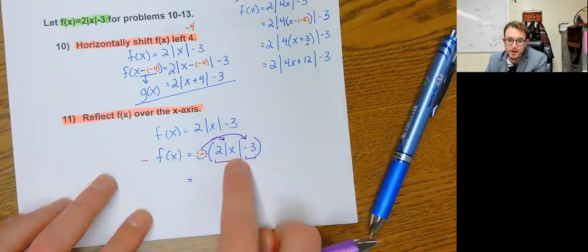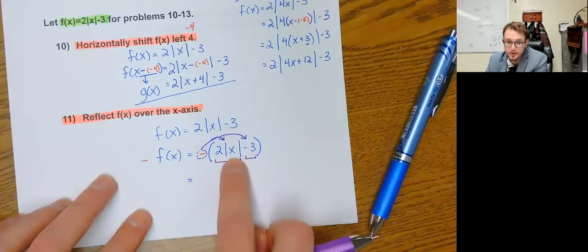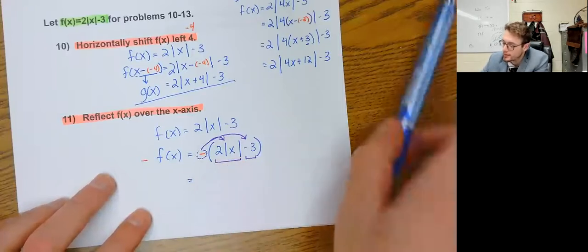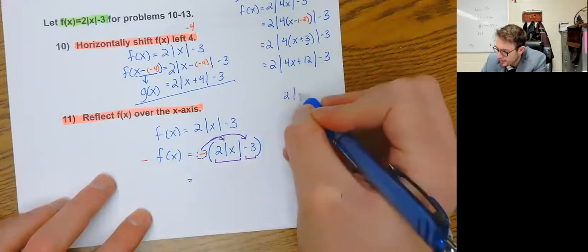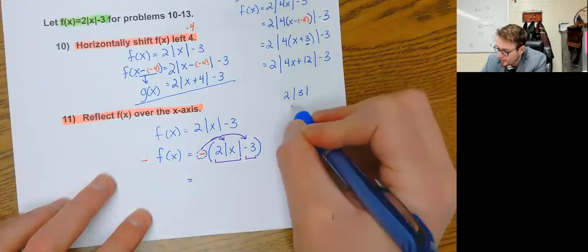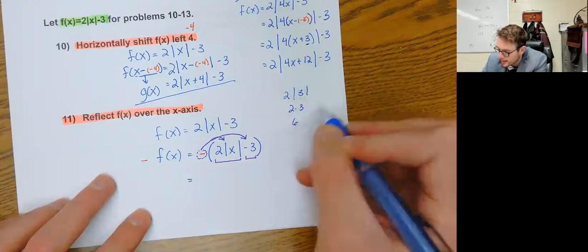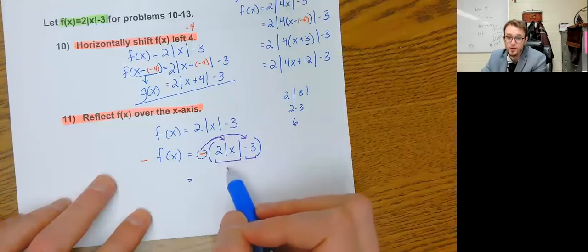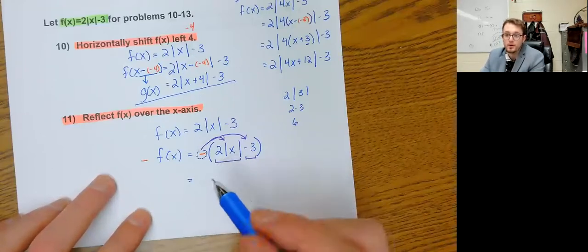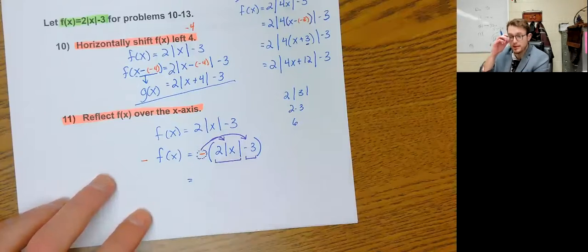2 times the absolute value of x, this is one thing, right? Because if I was to plug in 3, well, that's 2 times 3, that's 6. So really, this term right here is just one number. It's just right now we can't make it one number because we don't know what x is, because x can be anything.